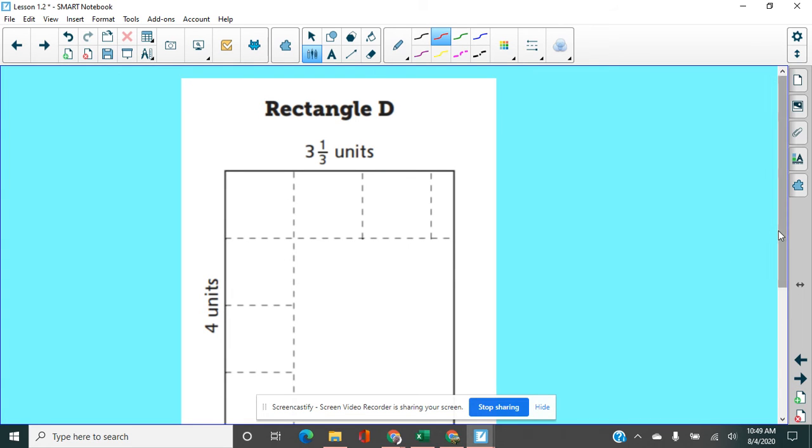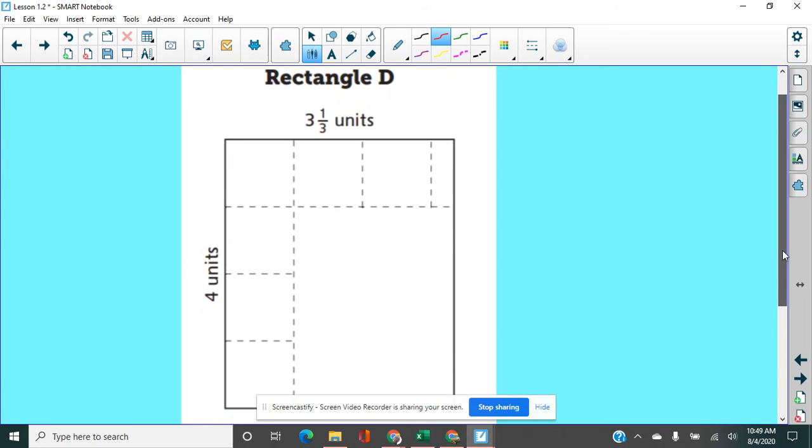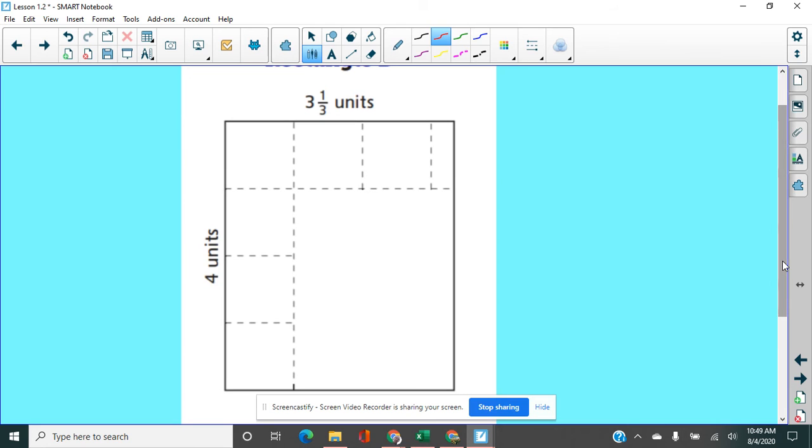When we have fractional units, look at this rectangle. All right, so we have 4 units tall here and 3 1/3 units wide. So let's see. Let's make the rest of these boxes.